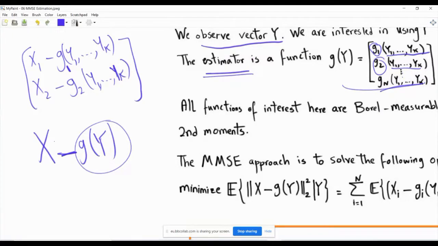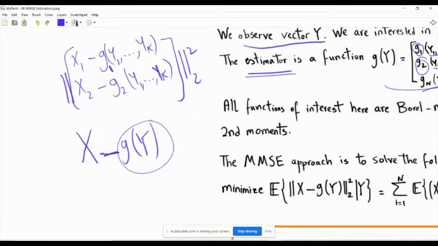So now, how do we design the g functions? There are several plausible ways for doing so. Minimum mean squared error estimation relies on the following idea. You take the L2 norm squared of this vector. So what is the L2 norm squared?